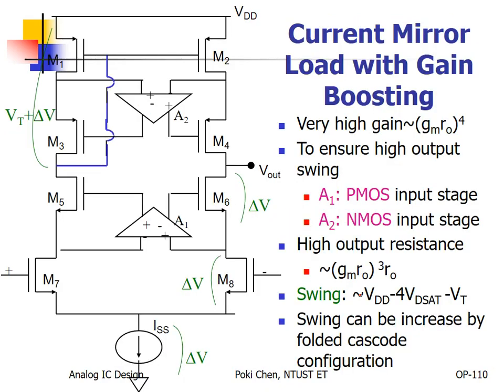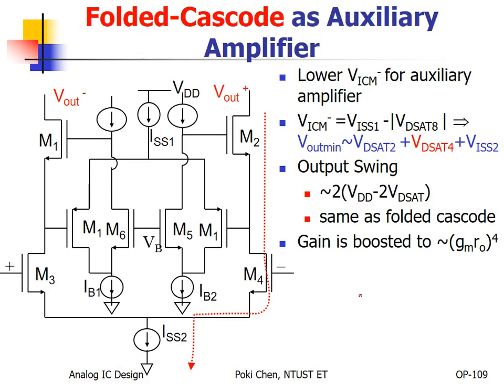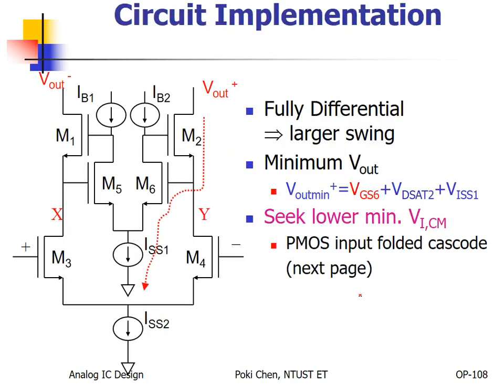Allow me to tell you lesson 1. If your input is NMOS and the op-amp is still NMOS, then you will have a very serious limitation for the minimum operational voltage, right?